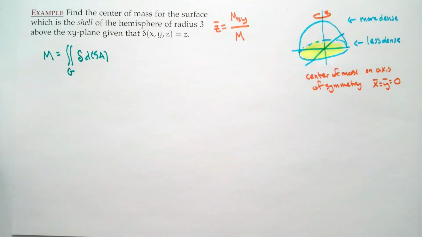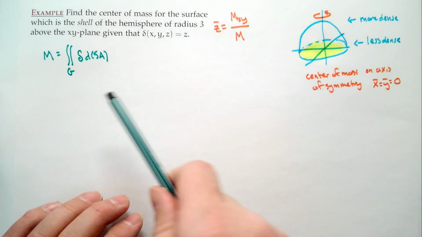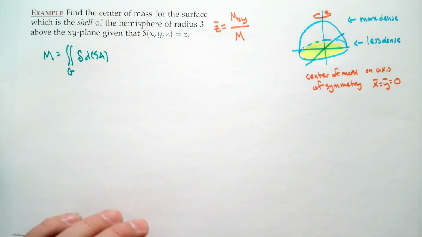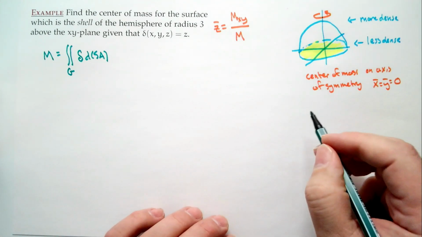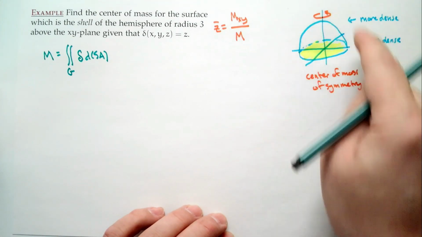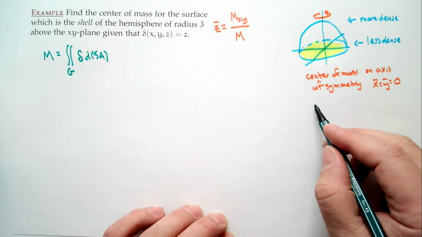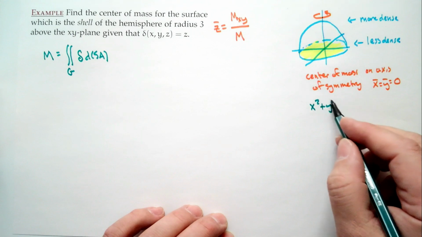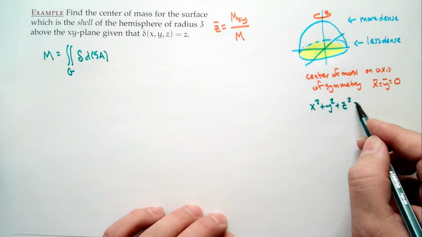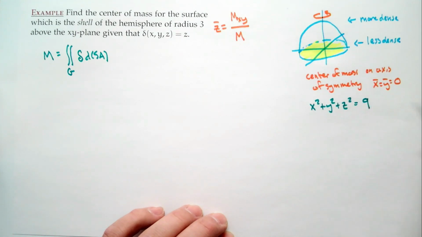So to do that, we have to do a couple of things. We have to figure out what's our density and what's our dSA. So we should probably do some things over here. If I look at this, it's a sphere of radius 3. So that would be x squared plus y squared plus z squared is equal to 9, 3 squared. So I want to rewrite this by solving for z, because I need to get my formula as a function of x and y.